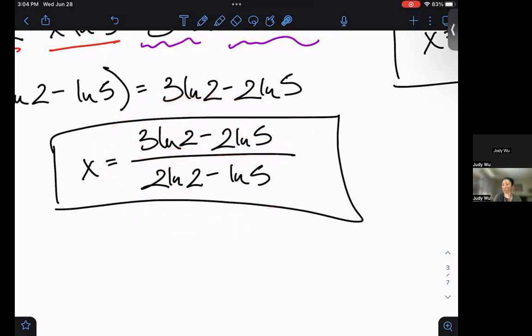I can't just pick and choose the ones I want, all right? However, if this changes to a multiplication and this changes to a multiplication, then you can reduce, okay? But with addition and subtraction, no go. Multiplication, yes, you could simplify, all right?